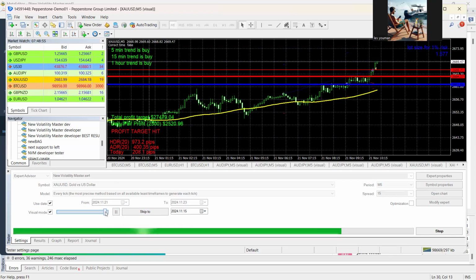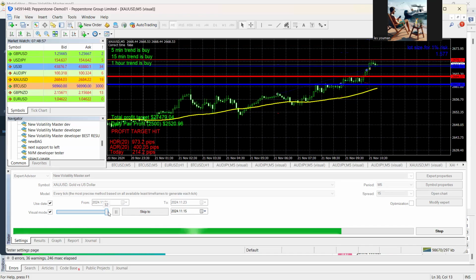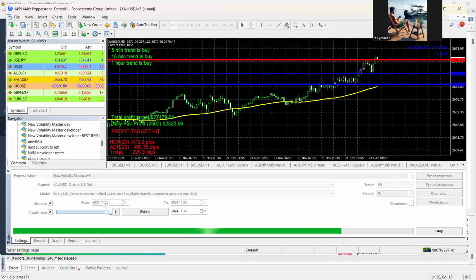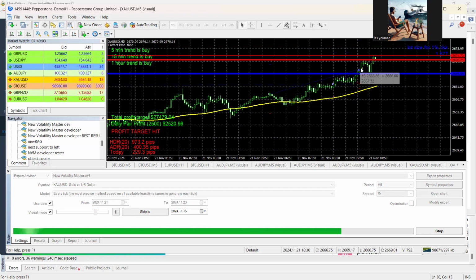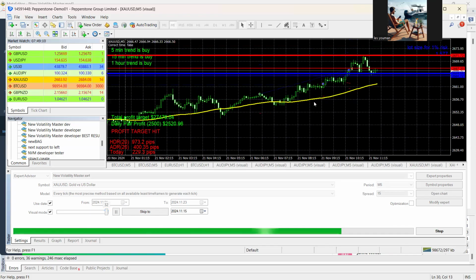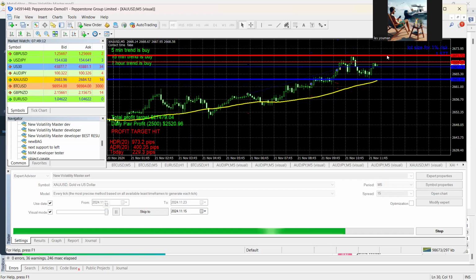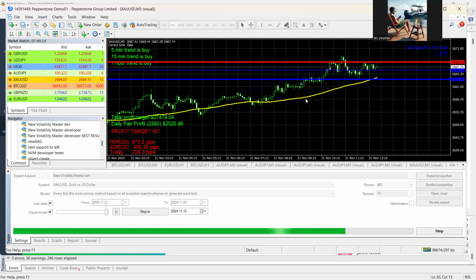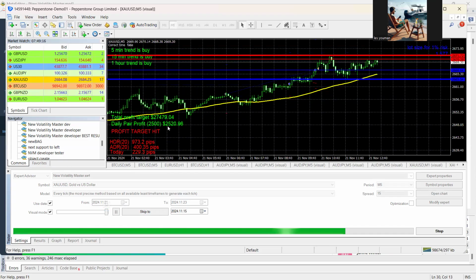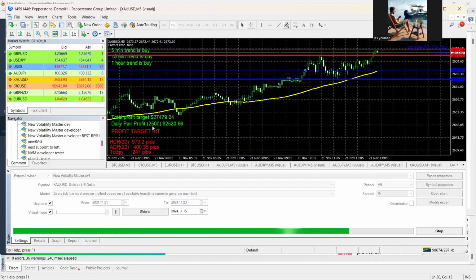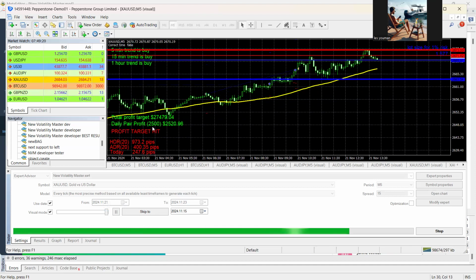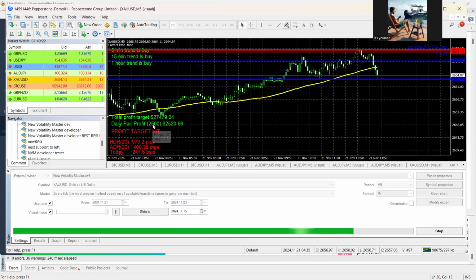The issue is that some days, like yesterday, it made 2.5% here, but the market kept going up further. So you could have made more money yesterday because the market did keep going up, but because it hit its goal, not that you're going to be upset because you made 2.5%, but in hindsight, you could have potentially made more.